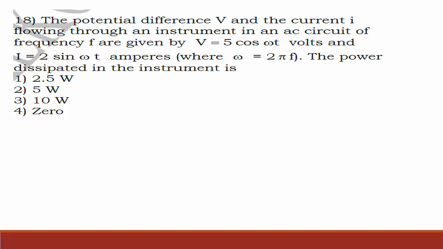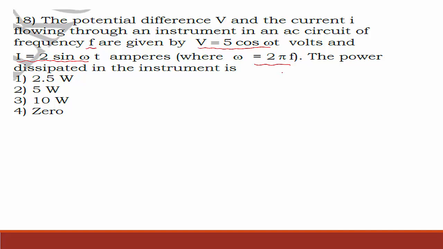The potential difference V and current I flowing through an instrument in an AC circuit of frequency f are given by V equal to 5 cos omega t volt and I equal to 2 sin omega t amperes, where omega equal to 2 pi f.